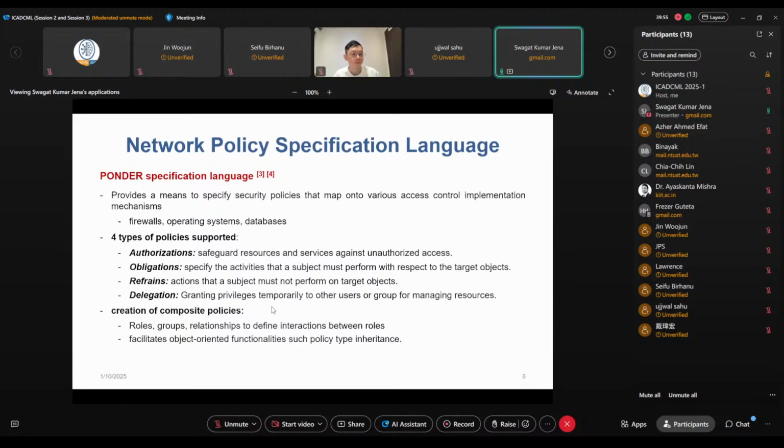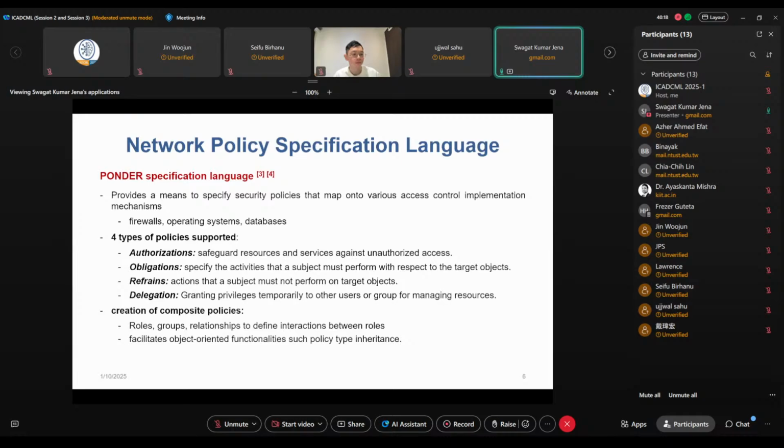And delegation is granting privileges temporarily to a particular set of users or group for managing the resources. It also allows us to design composite policies like roles and group relations to define interaction between roles, and it has object-oriented functionalities like policy type inheritance.